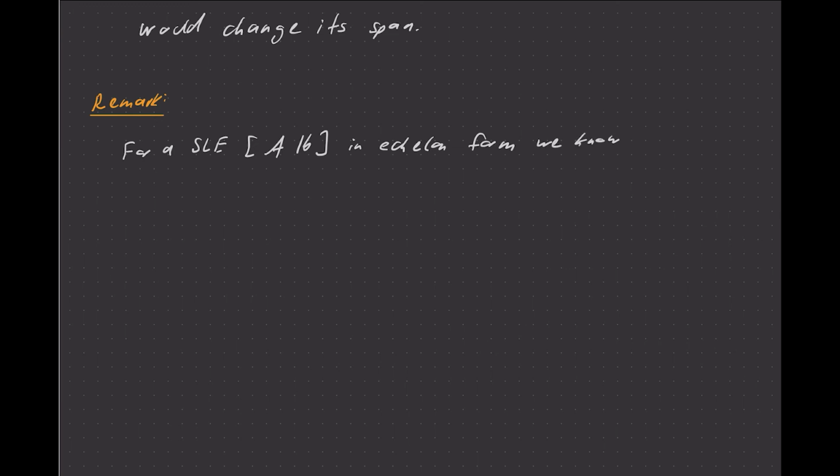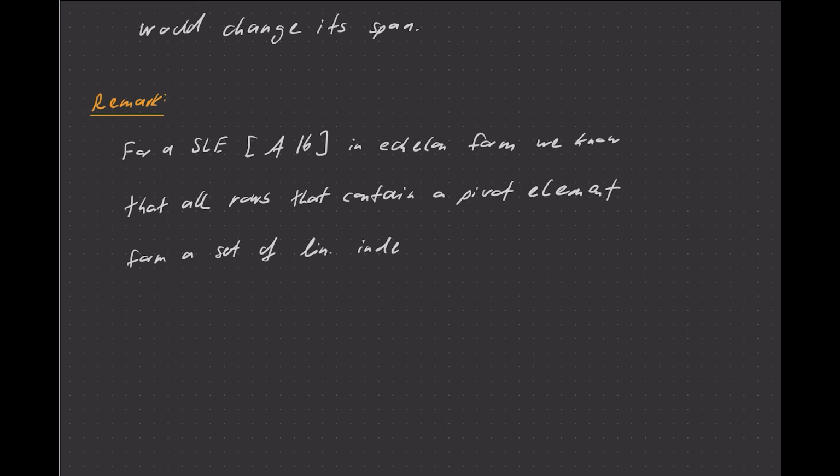So we know that all rows that contain a pivot element form a set of linearly independent vectors. And of course, the same is true for the columns that contain a pivot element.